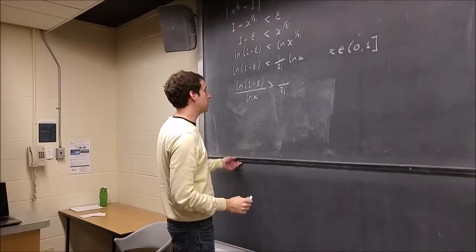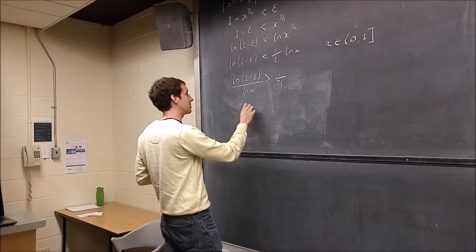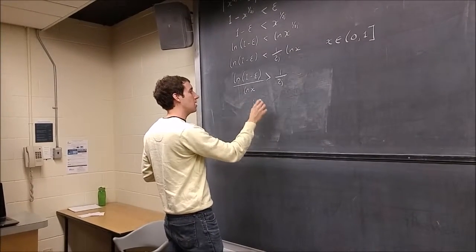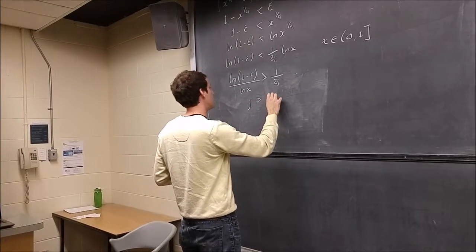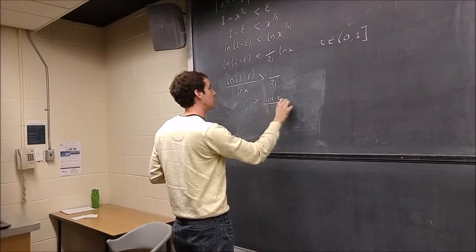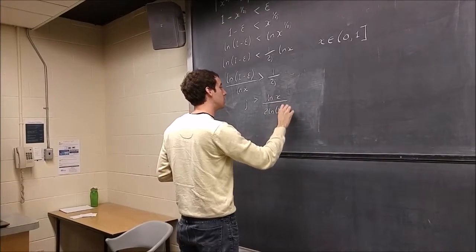Then, from there, we're going to take the reciprocal, so we have to flip the symbols again, and that will leave us with j less than, I think, greater than, ln x over 2 ln 1 minus epsilon.